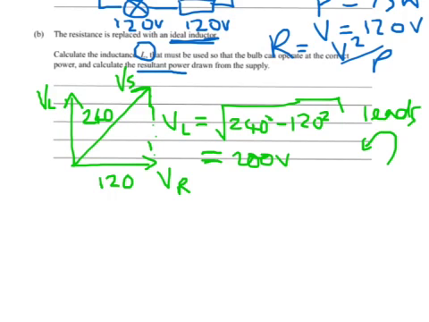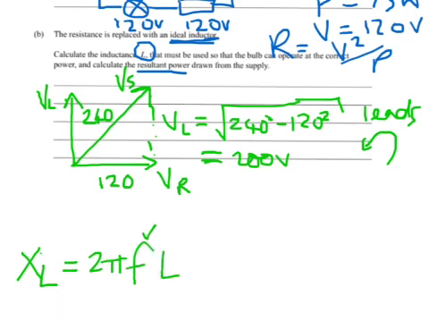Remember, we're aiming for L, and the equation which has L involved in it, which is where we need to end up, is the reactance of the inductor equals 2 pi FL. We know the frequency.